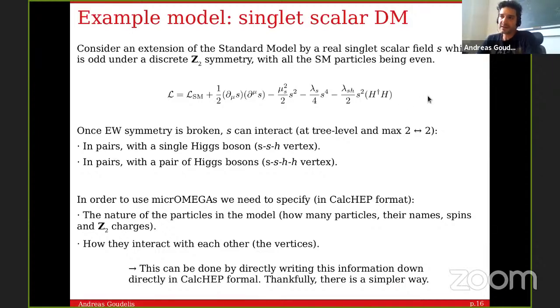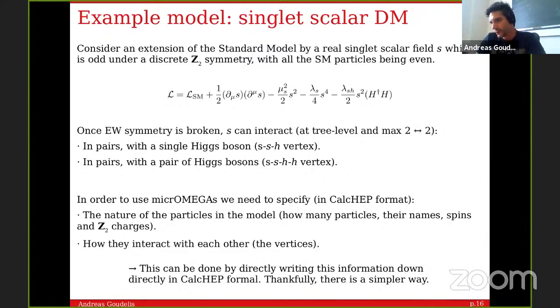Now, once electroweak symmetry is broken, S can interact, and I'm only counting tree-level interactions and maximum 2-to-2 interactions, either in pairs with a single Higgs boson, and this corresponds to an SSH vertex, or in pairs with a pair of Higgs bosons. So the Z2, as usual, imposes that S interacts only in pairs.